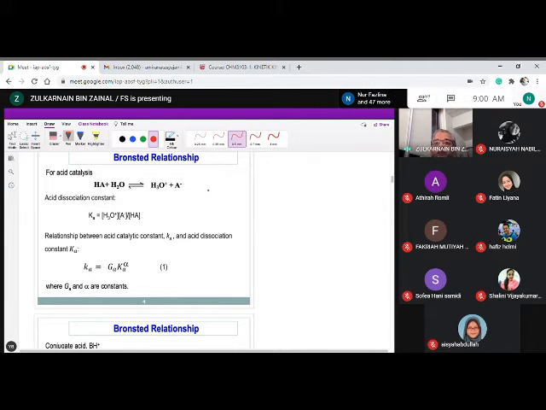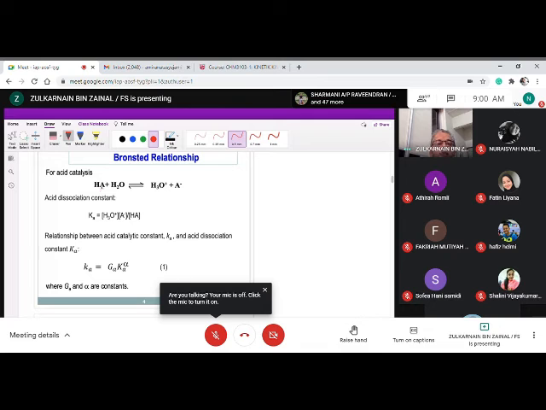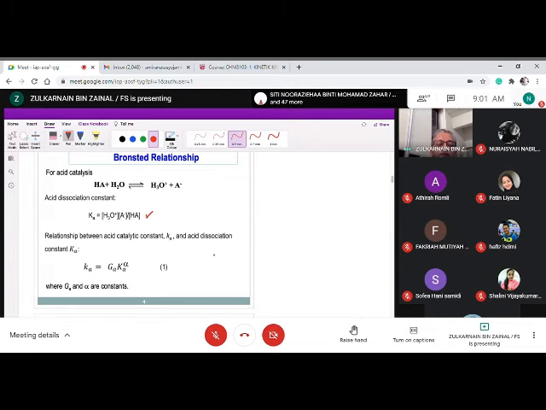But for certain weak acids, for example, acetic acid, these are weak acids. So not all of the acid, for example HA in this case, will be ionized to H3O plus. Some will still remain as HA in the solution. Although they dissolve in the solution, they still remain as HA. Okay, so with that, we know what Ka is. That is already quite well known to you.